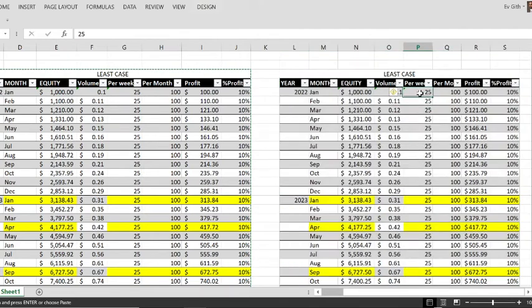The best case means an average of 50 pips, let's say 40 pips per week. That's the average case.